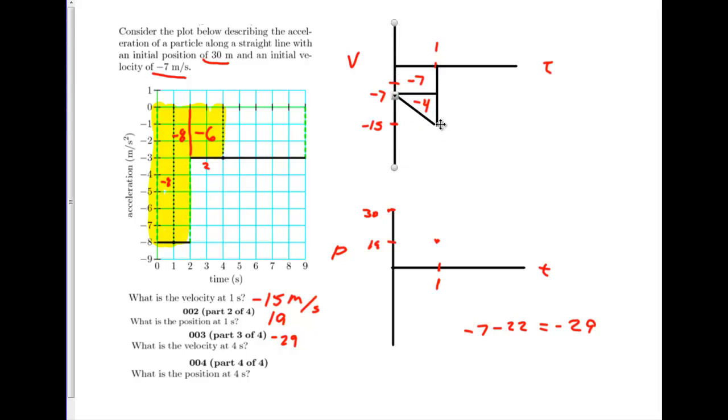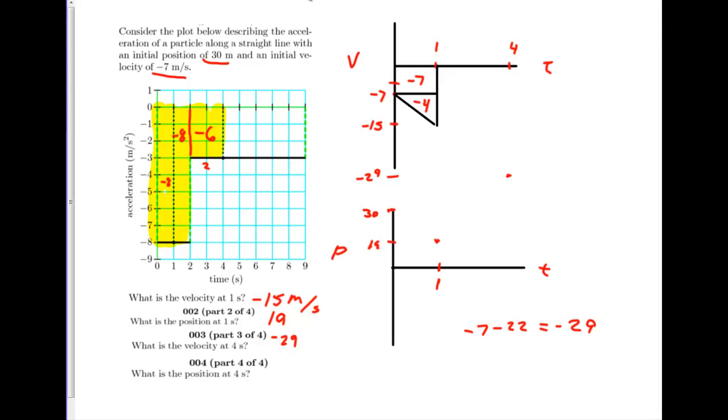We said we're at -15 here. We know that when we get to 4 seconds, we're going to be over at -29. So I'll come over here to make this roughly 4. I'll come down here and say, well, I need to be around -29. So again, you're making estimates here. We make that -29.